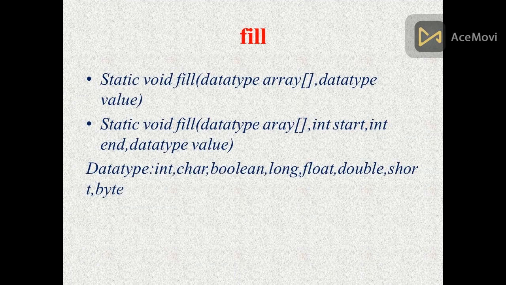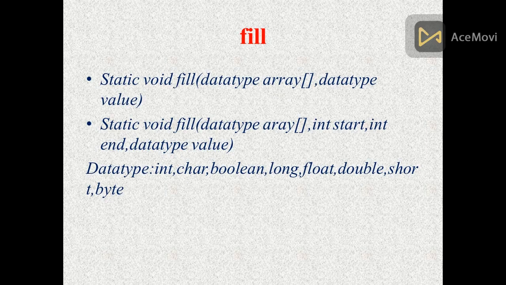The next method is fill. This method is used to fill the elements in the array with a certain element. That is, if we have a set of integer elements and we want to fill the elements with 2 instead, we should specify that value in the fill method.